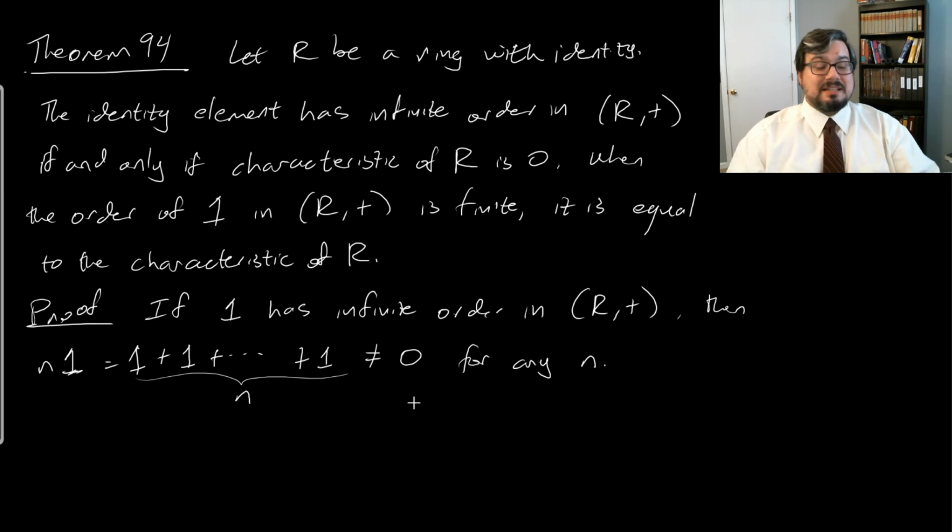Because that's what it means to have infinite order in the group: no matter how many times you add it to itself, you'd never get back to the identity of the group. And the identity of the group R plus is 0.